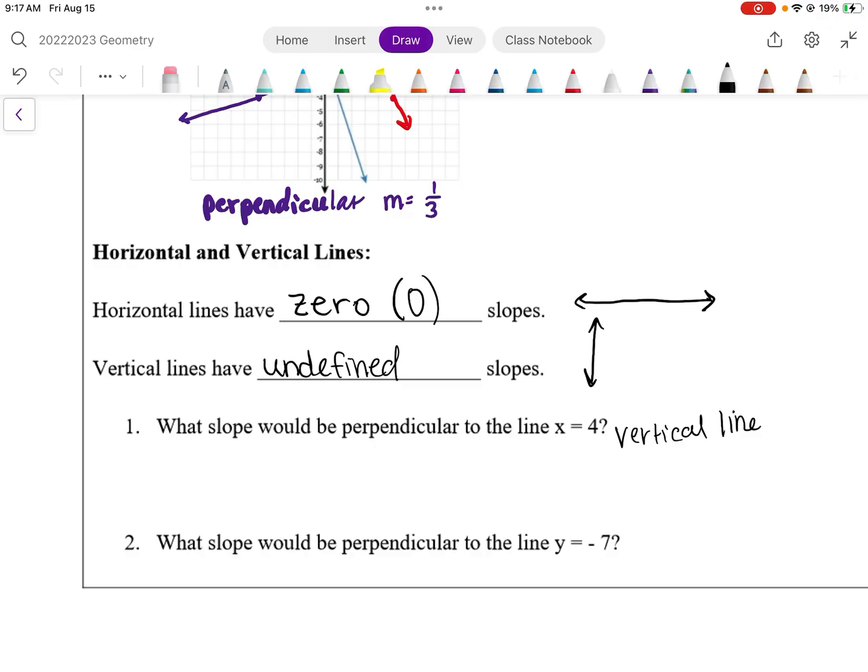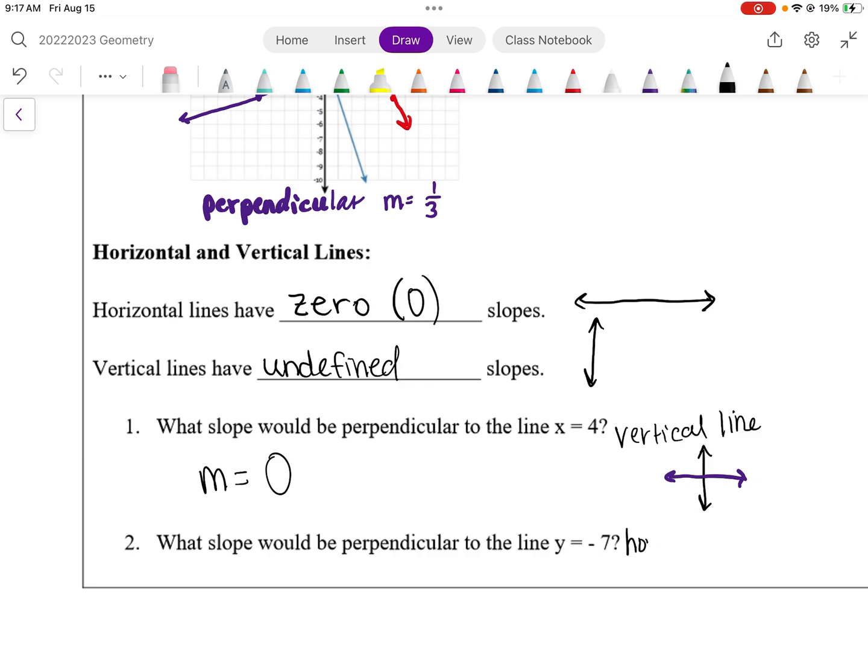So what slope would be perpendicular to that? Okay, a vertical line is going to have a horizontal line perpendicular to it. So my slope perpendicular would be 0. The slope of my original line is undefined. This says perpendicular, so I'd put 0. So it's like this is my original, and this is the slope that would be perpendicular to it.